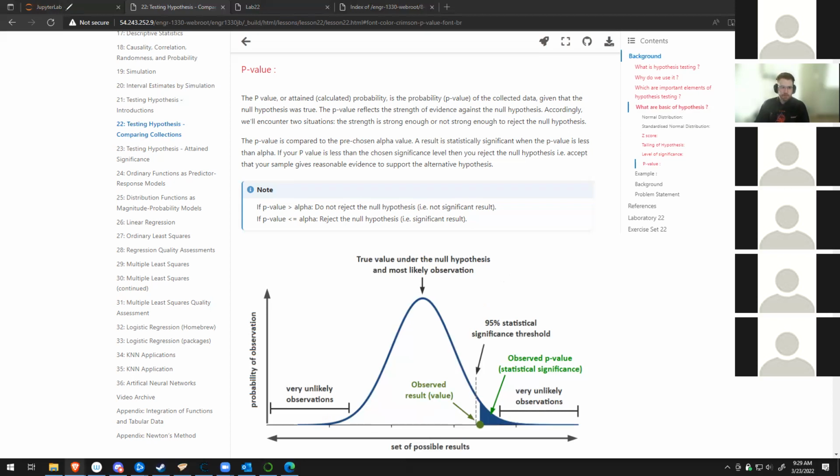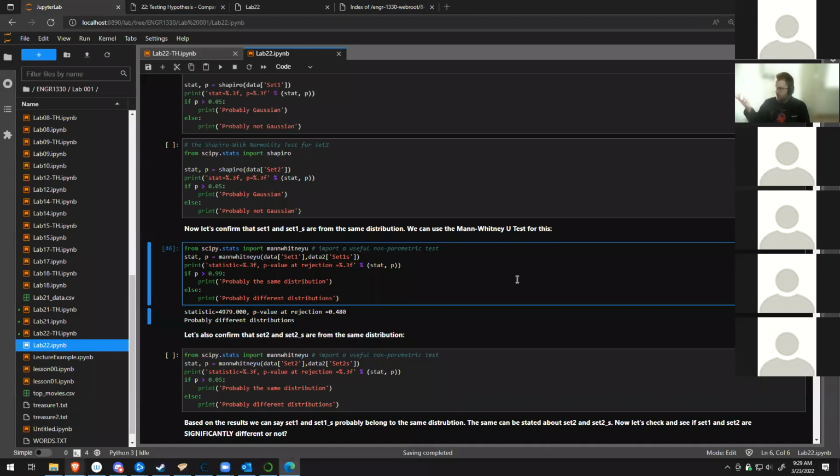Okay, so that's what the null hypothesis is. It's the assumption that whatever we're testing is true. So what are we saying here? Well, let me change this back. I'm saying I have a 95% confidence that set1 and set1s are from the same distribution.